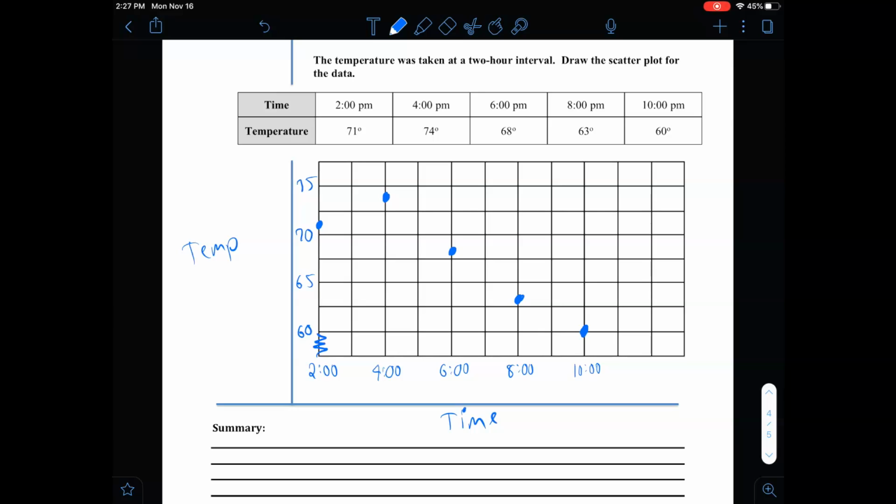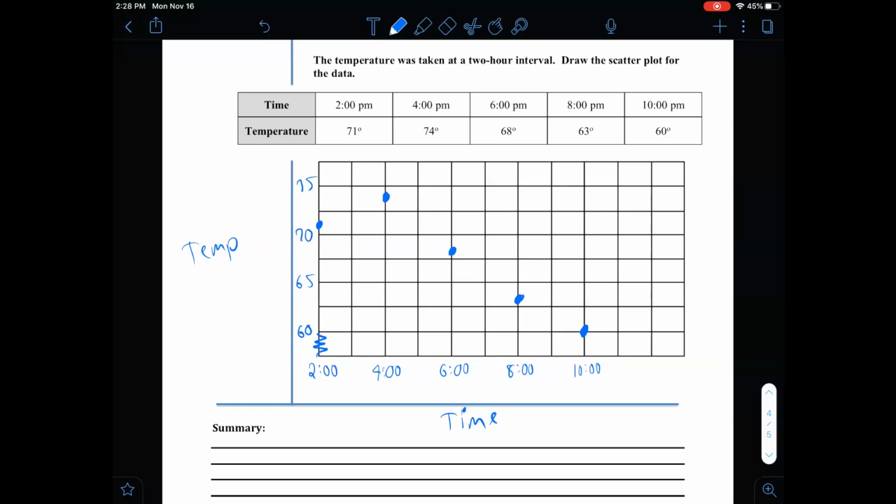Now, here's a question for you. We followed what the problem told us we were supposed to do, right? My question for you is, does it make sense to connect the dots? Take a minute, see if you think yes or no really quick. So I would say yes for this one. It would make sense to connect, and we're not going to, but it would make sense.